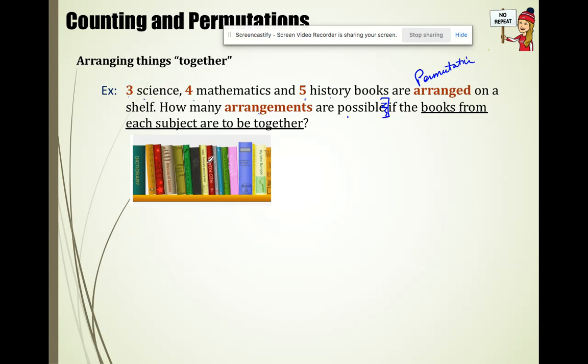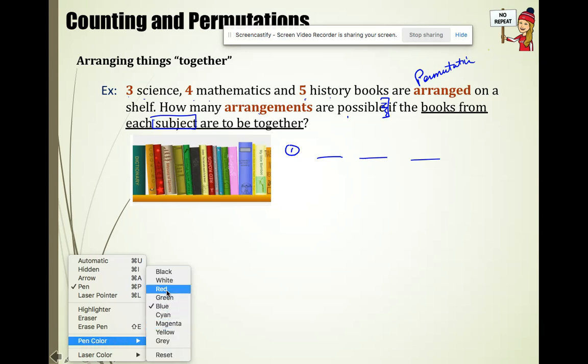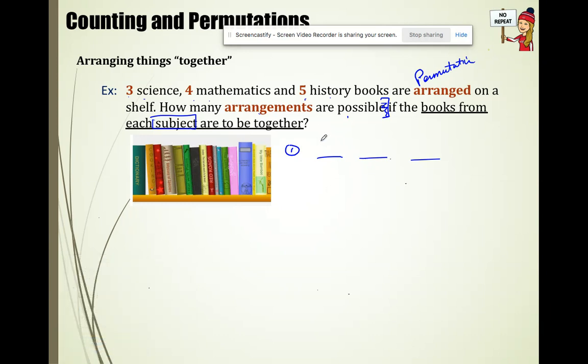For that to be true, first I have to think about, well, wait a second. If the books are to be grouped together, how many subjects do I have? I want all the science books together, all the math books together, all the history books. How many different ways are there to do just that? 3 factorial, right?